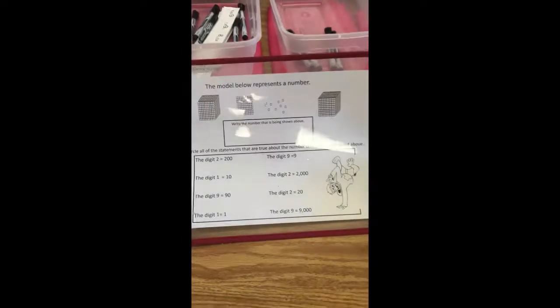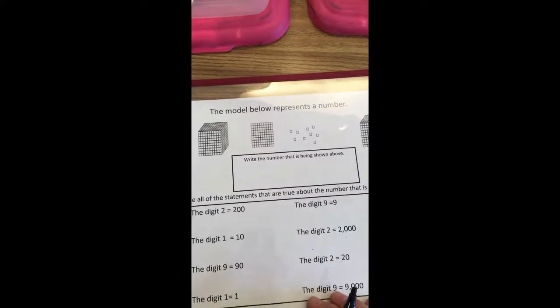Station 3, again just super simple stuff. This is my first week of teaching and running stations, so I keep it really simple for my centers. It just says the model below represents a number. And this is set up to be like a technology enhanced item, like on a test, where they're choosing all correct answers.